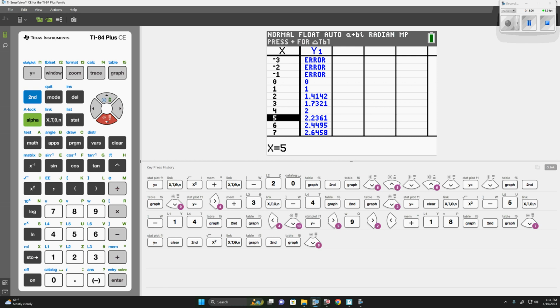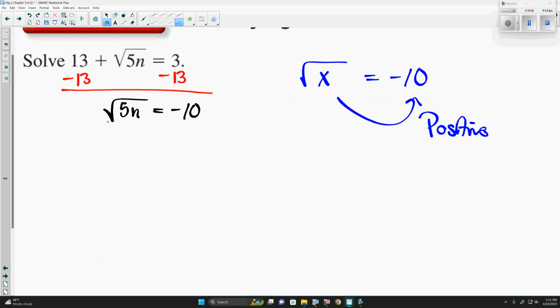So the only numbers that we can get out of this are positive, which means, is there any way for this radical to ever be negative 10? No. So really at this point, if we see that the radical is by itself, and it's a radical with an even root, an even index, 2, 4, 6, 8, it cannot be equal to a negative number. It just does not work.